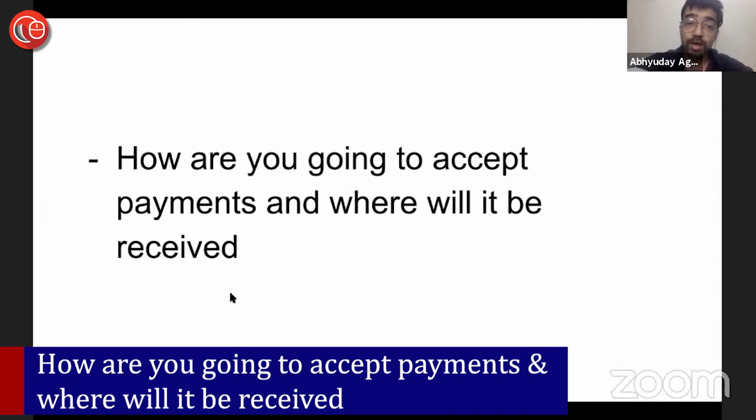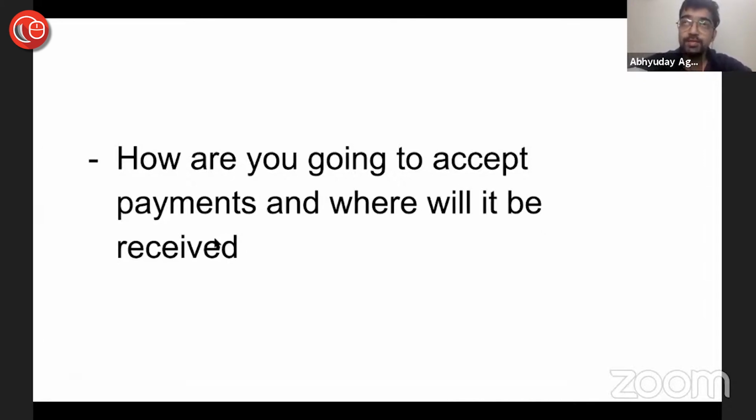Then, how are you going to accept payments and where will they be received? Suppose you have an Indian entity and a Dubai entity, and you're selling products internationally. Do you want the money to be received by the Dubai entity and kept there? Will the Dubai entity take the money and keep it there, or later give it to the Indian entity? Or do you want the Indian entity to collect the money and then pay a commission to the Dubai entity?